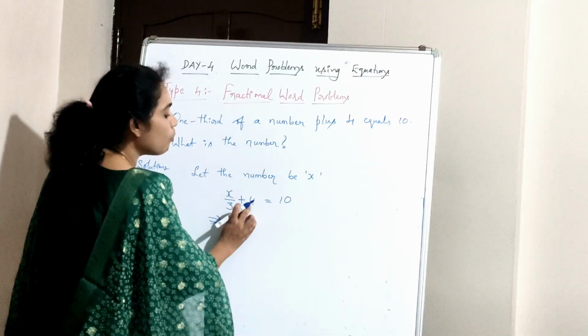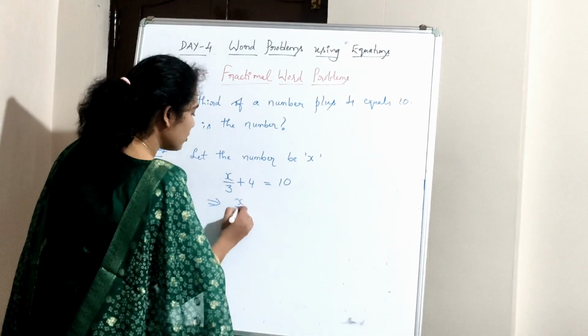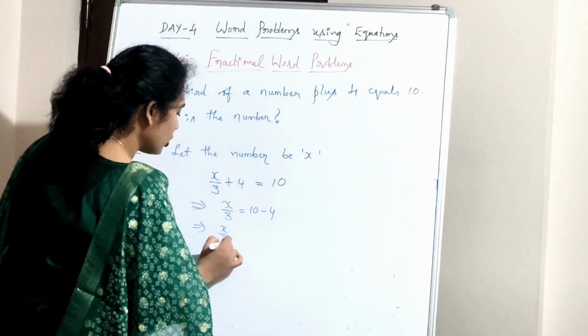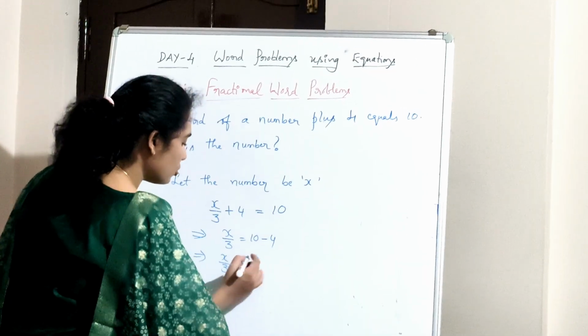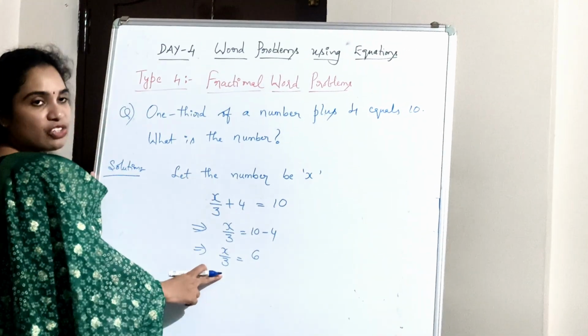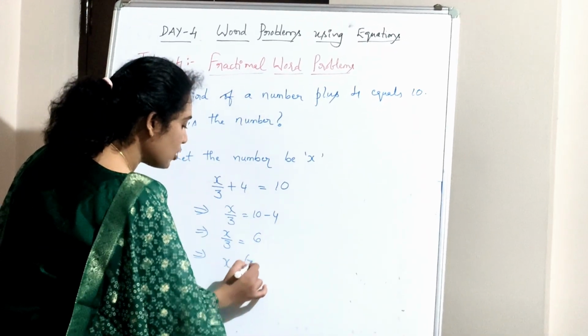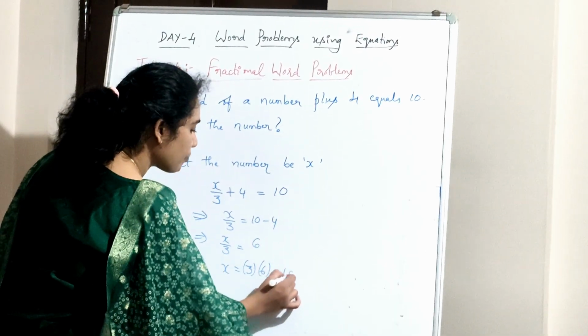Now first of all move this plus 4 to the RHS, it becomes minus 4. So x by 3 is equal to 10 minus 4, x by 3 is equal to 6. Now this 3 is in division on the LHS. If it moves to the RHS, it becomes multiplication. So 3 into 6 is 18.